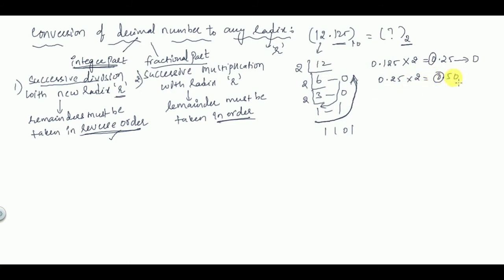So you write 0 here, and again take this 0.5, into 2 it will be 1.0, so this will be 1. So even if you take 0.0, 0 into 2 is again 0, so you can end here. So .001, this is base 2.